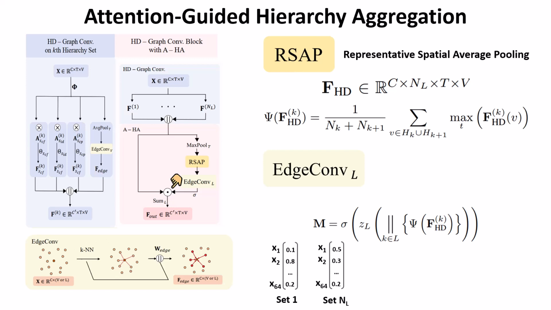That means this F1 for the first channel would be multiplied by 0.1, but F_NL for the first channel would be multiplied by 0.5, and then we sum them together. In other words, in the first channel, F_NL plays a more important role than F1.